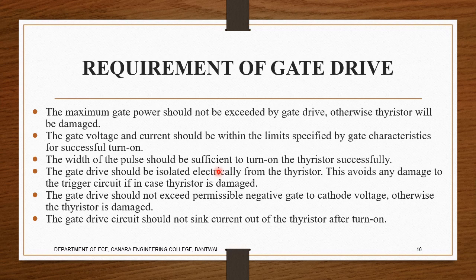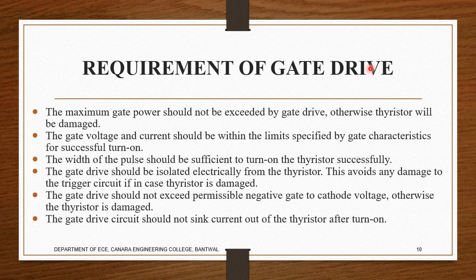Now next, the requirements of the gate drive. What has to be considered? The maximum gate power should not be exceeded by the gate drive, as we have discussed, otherwise the thyristor will get damaged. Next, the gate voltage and current should be within the limits specified by the gate characteristic for successful turn on.